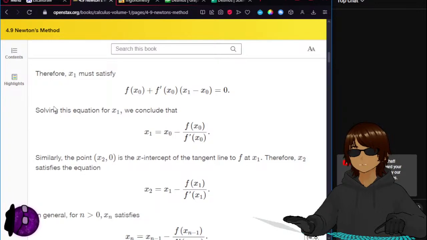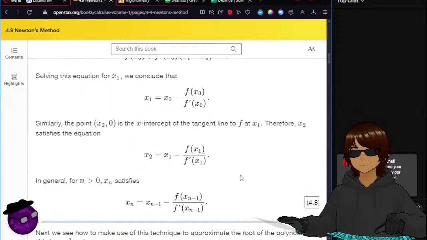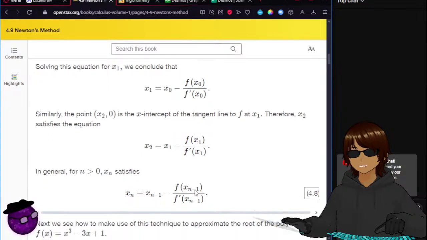Solve this equation for x = x1. We conclude that x1 = x0 - f(x0)/f'(x0). And for x2 we do this, for xn we do this.